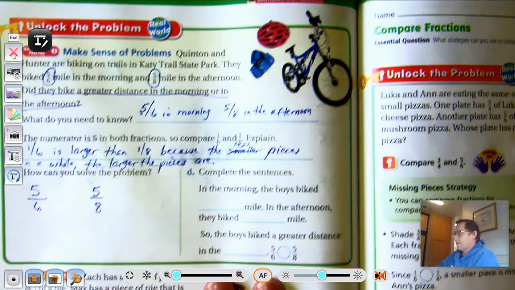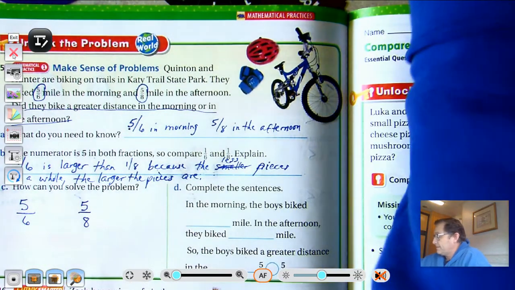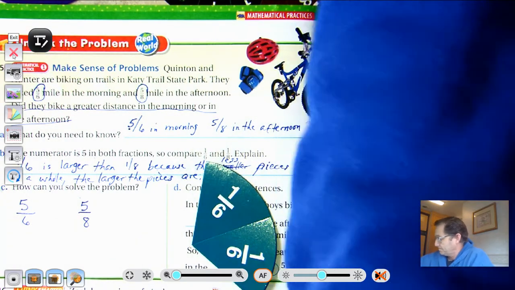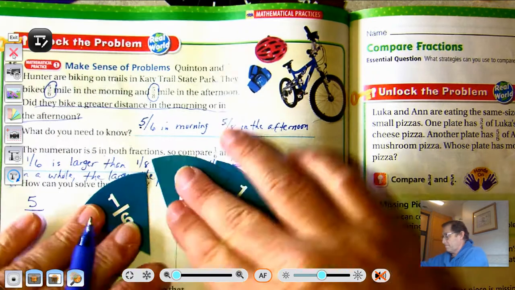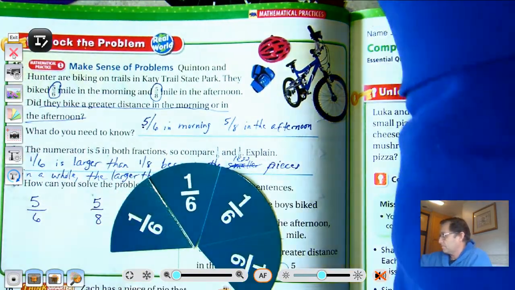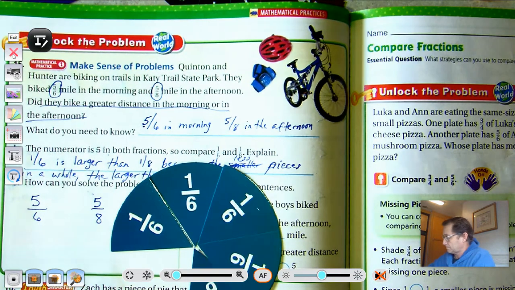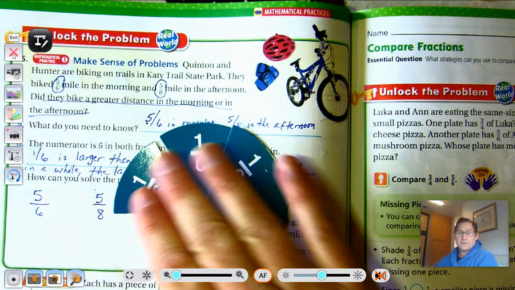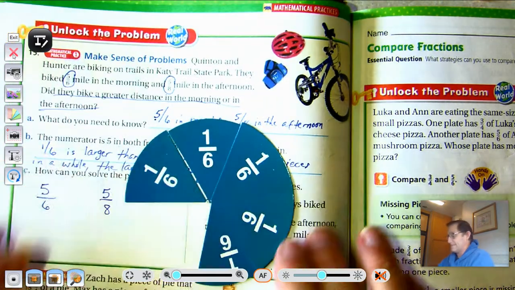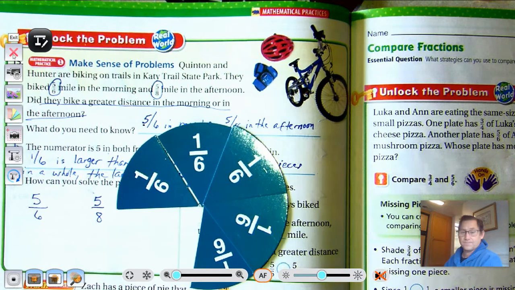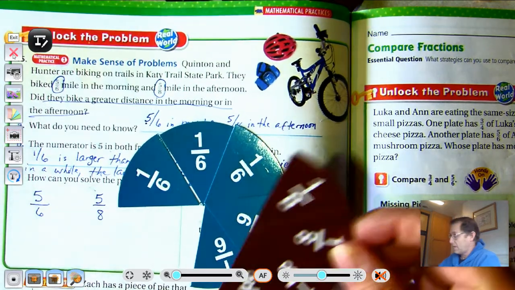So if we did 5/6 compared to 5/8, okay, we've already decided that the sixth size pieces are larger than the eighth size pieces. So now I'm going to put the 5/8 on top of the 5/6.